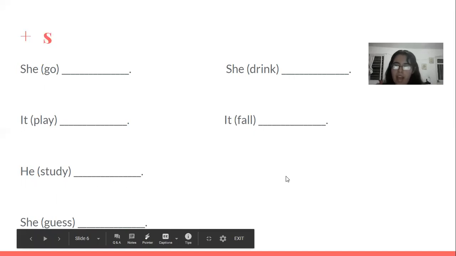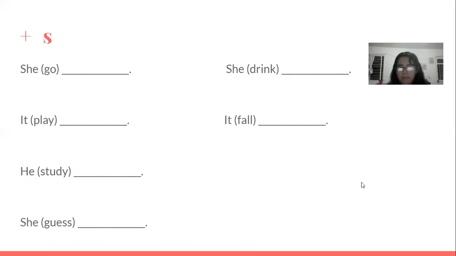So please add the S. So let's start doing them one by one. The first one is: she go. When the verb ends in an O, what do we do? We add ES, so it would be: she goes.